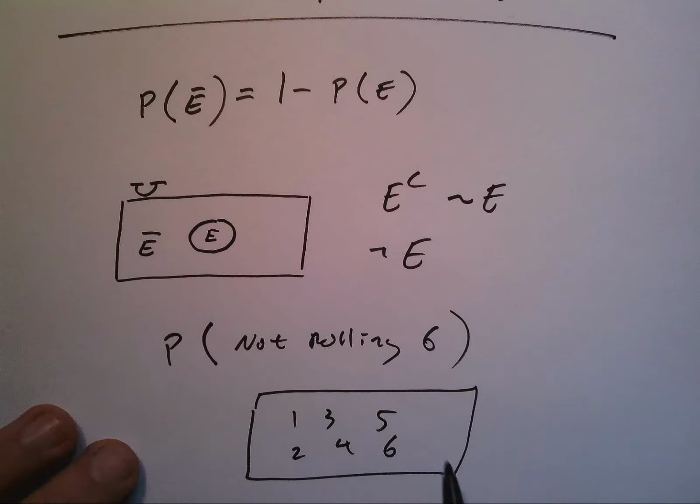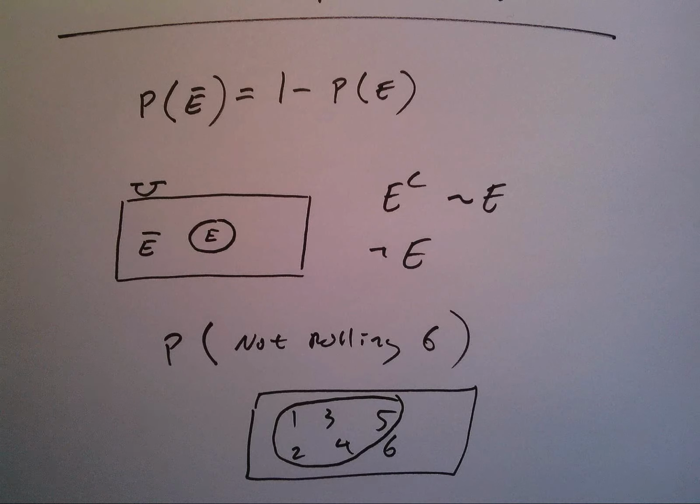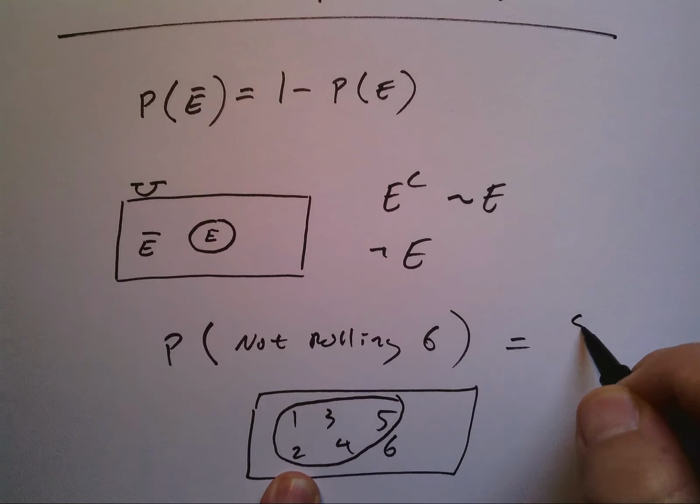Not getting a 6, I could circle these guys. Getting a 6 is doing that. So the likelihood of not getting a 6 is 5 out of 6. So I can directly calculate that.